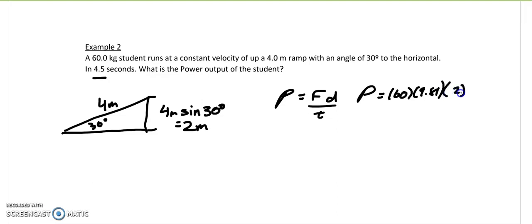And over a distance of 2 meters divided by a time of 4.5 seconds. And again, we're using this because the force that we're using and the distance need to be going in the same direction for work to be happening. And so this winds up being 262 watts of power.